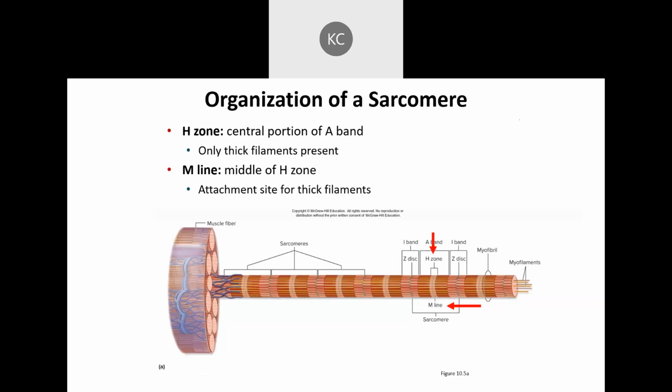The H zone is a thicker, wider letter, so it only contains the thick filaments. The A band is an intermediate, somewhere between I and H, so it contains both thick and thin filaments. That's the mnemonic I like to use.